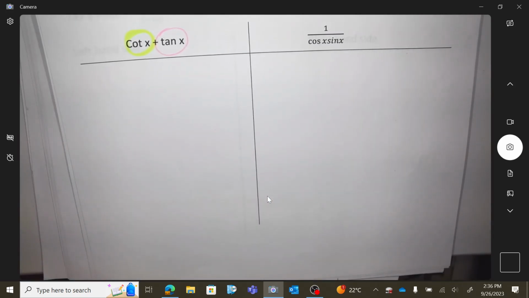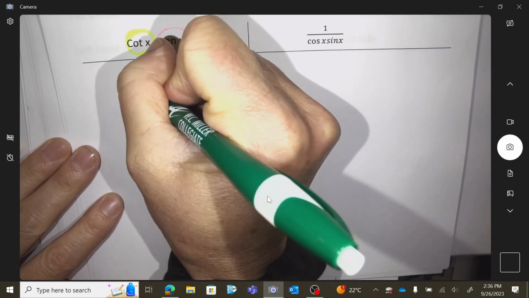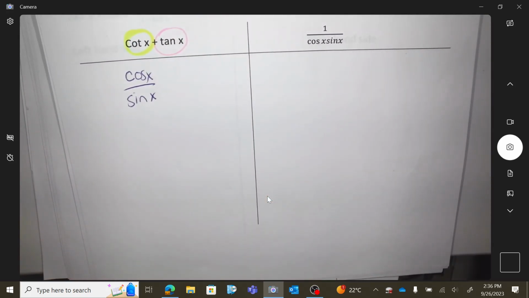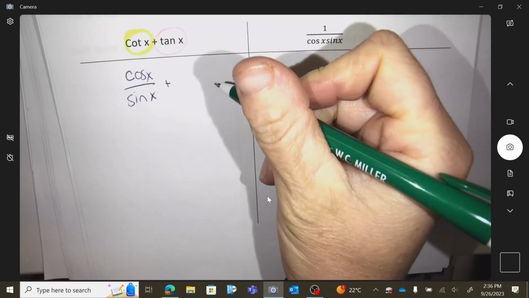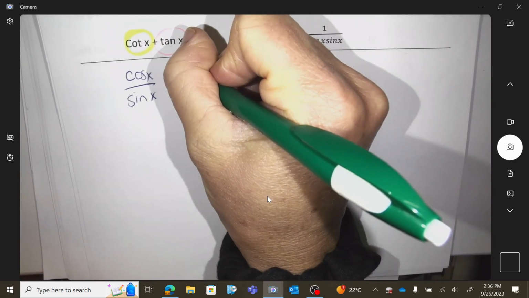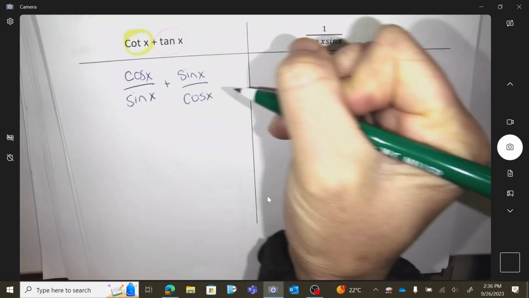So cotangent should be replaced with cos x over sine x. Does that make sense? And tan x can be replaced with sine x over cos x.